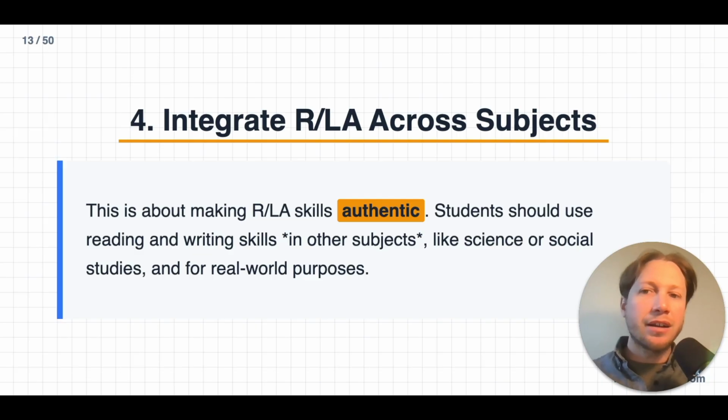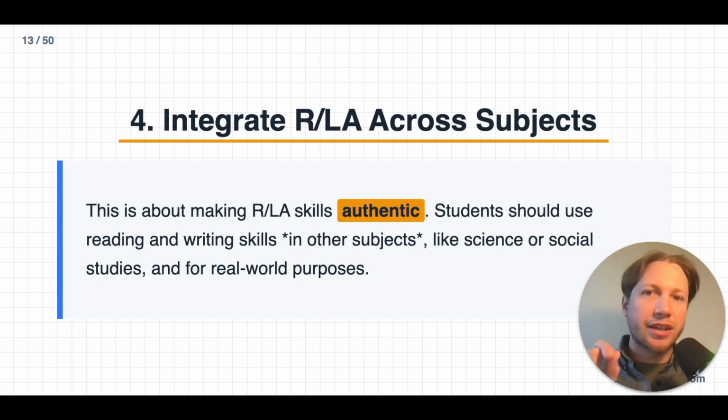All right, now finally, you must also be able to plan lessons effectively for this test. And so in this case, we're going to be integrating the reading and language arts skills authentically across all subject areas. Oftentimes, the Praxis 5017 exam will provide you with some type of question, perhaps a scenario-based question, and they will weave in what type of instruction would be effective for a specific subject.